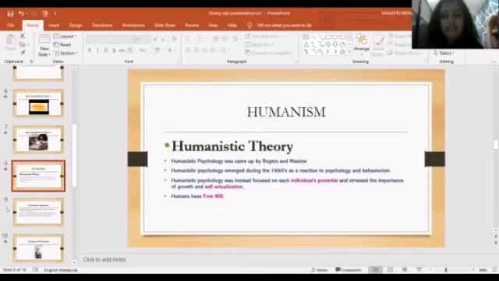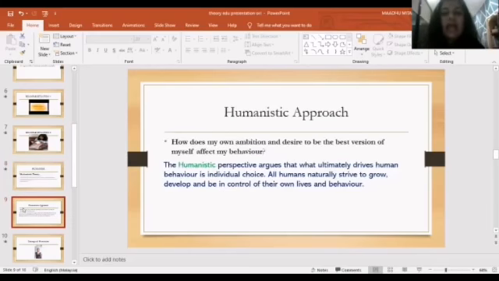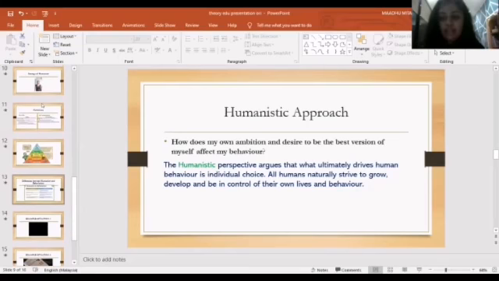Humans have free will. How does my own ambition and desire to be the best version of myself affect my behavior? The humanistic perspective argues that what ultimately drives human behavior is individual choice. All humans naturally strive to grow, develop, and be in control of their own lives and behavior.